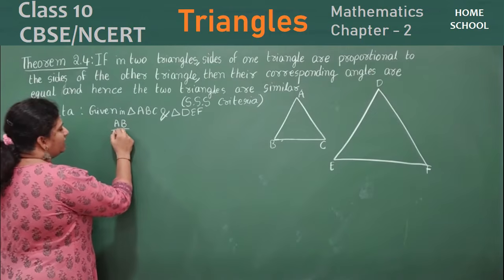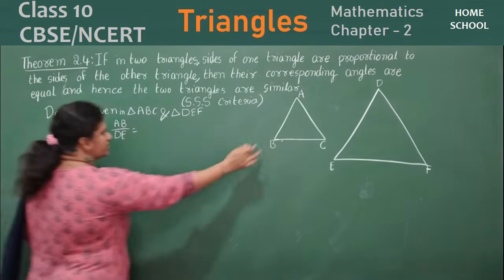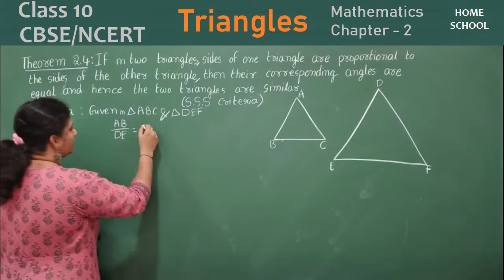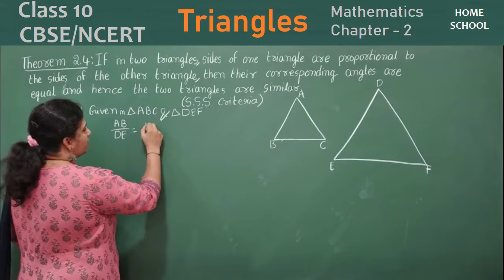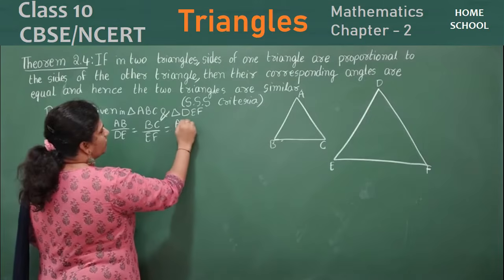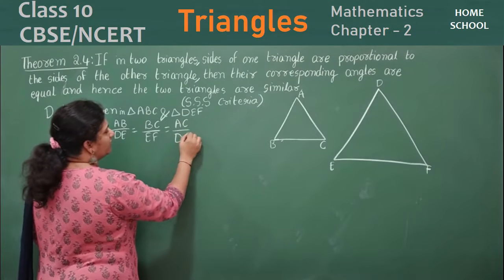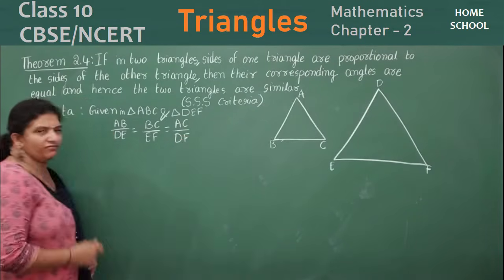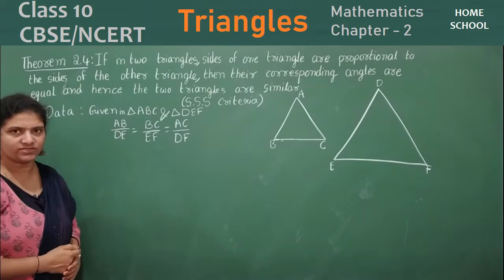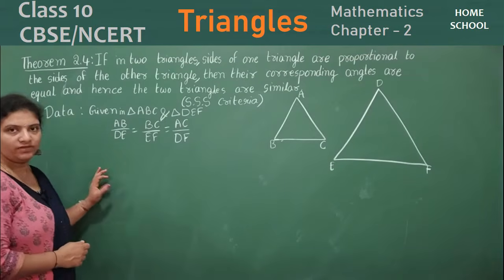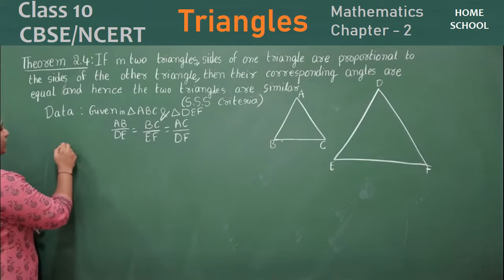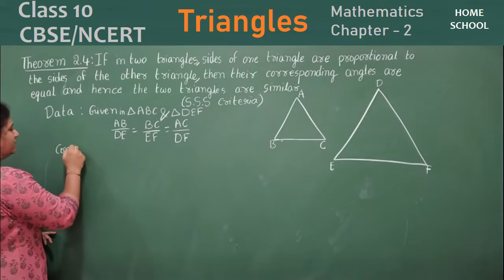AB by DE is equal to BC by EF is equal to AC by DF, or CA by FD you can write. So when we need to prove, we take any two ratios and we prove here. Now look here, what is the construction we are doing here? We are going to do a small construction here.